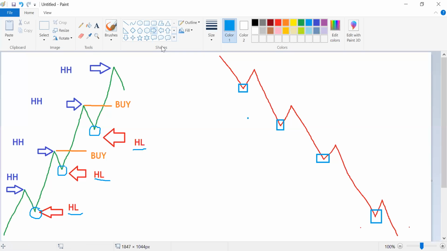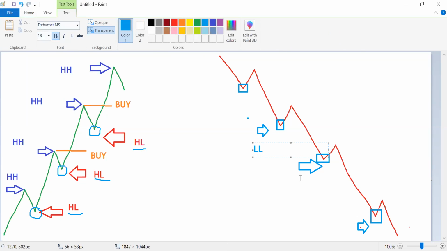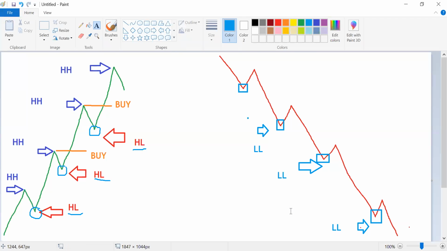So what are these? Lower lows. So if the stock is making a lower low, it means you cannot buy, you have to sell, or you can short if it is there in futures and options, right?